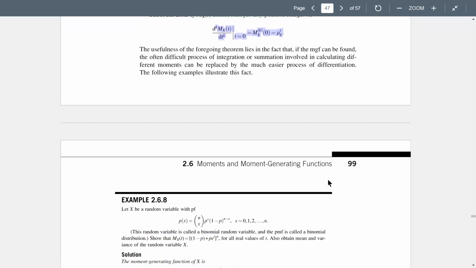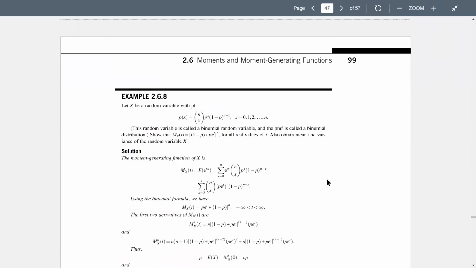Okay. So what does that mean to you? That means that gives you an alternative in calculating the first moment, second moment, and to the nth moment.